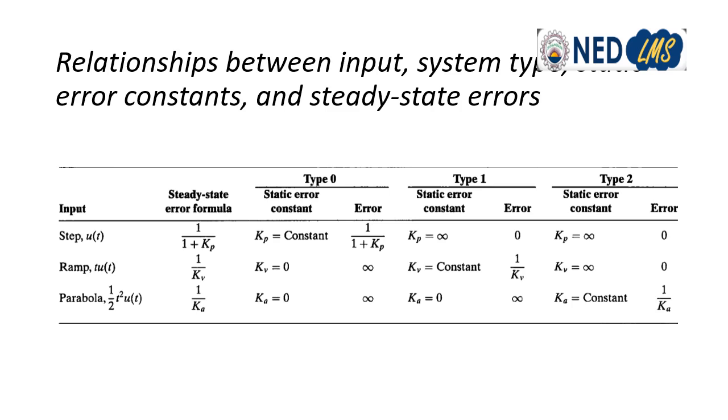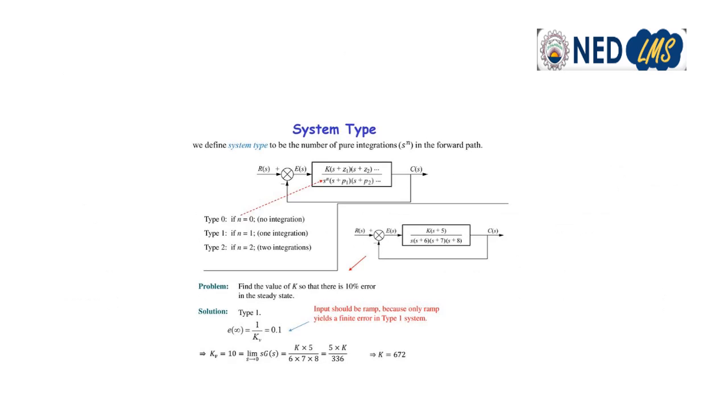Now it is the same table. Here in this example, we have to find the value of K so that there is a 10% error in the steady state. We have remembered that for this S it is a type 1 system. We just recall that it is a type 0 system if n, the power of S, equals 0, it is type 1 for n equals 1 and so on. We have discussed this many times previously. So here we note that it is system type 1.